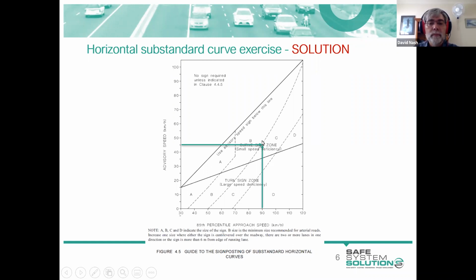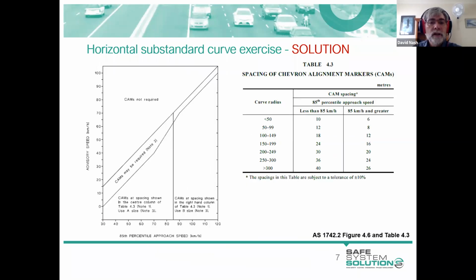So I reckon either B size or C size would be acceptable for the curve warning sign. Some of you went one way, some of you went the other way, some of you actually recognised that it's on the border and you could go either way. That's fine. So B or C size for the curve warning sign.